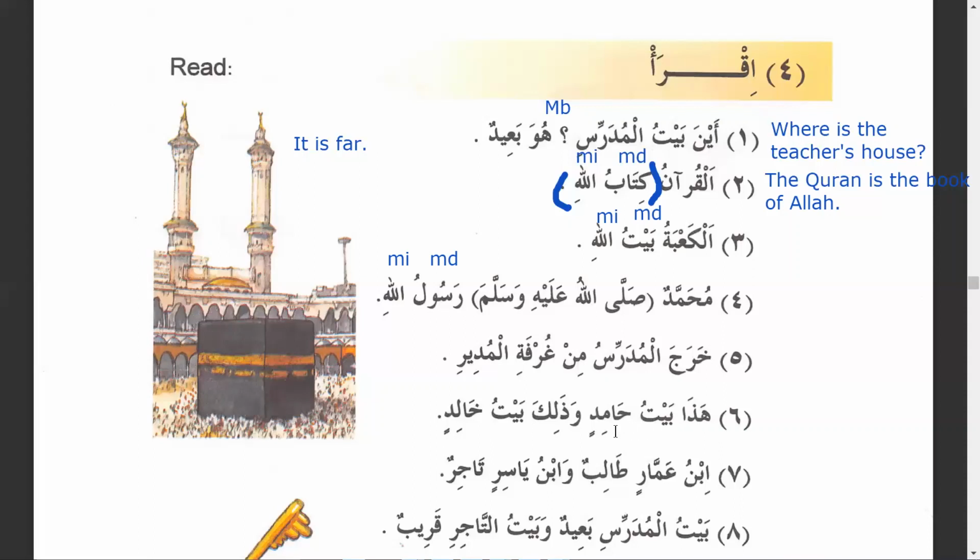Hadha baytu Hamidin wa dhalika baytu Khalidin. Can you translate it? This is Hamid's house.